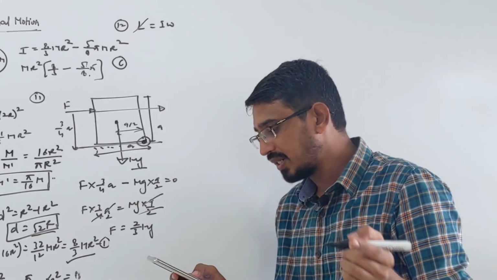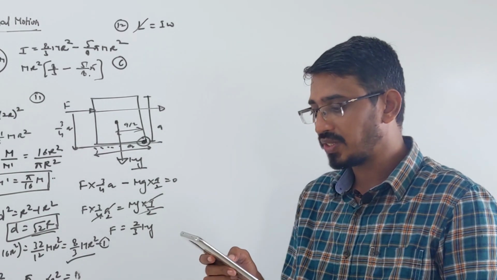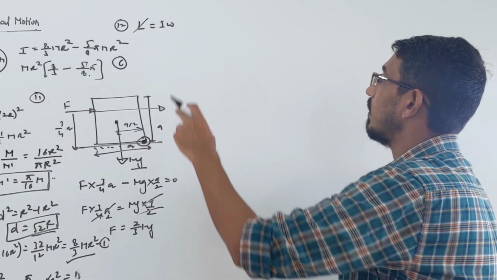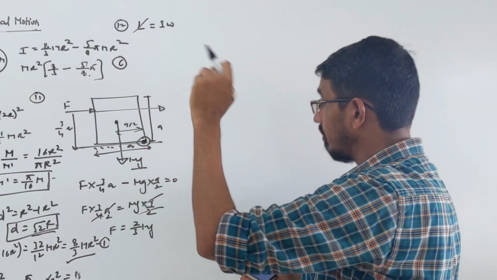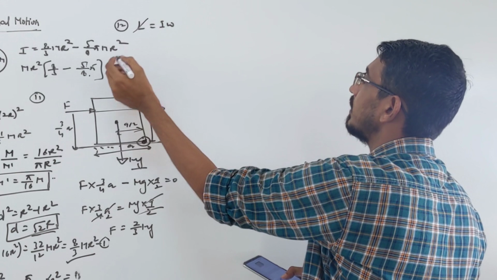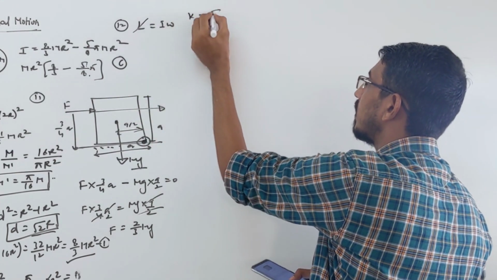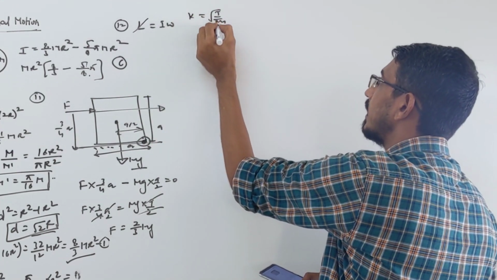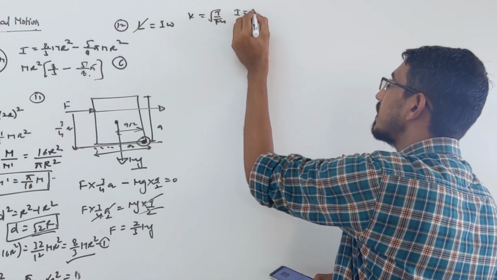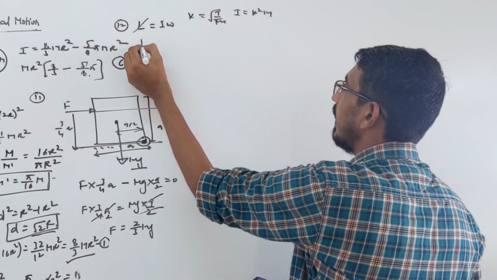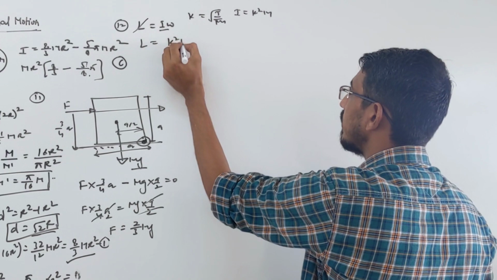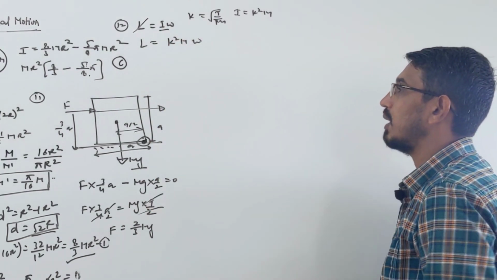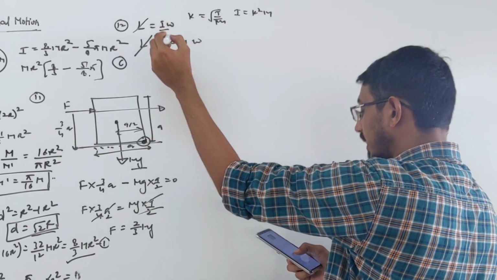They are asking that the relation of initial radius of gyration to final radius of gyration is what? So in this formula, first you have to bring radius of gyration and omega. Omega we already have, so remove I. We know that radius of gyration k is nothing but root I by M. Correct. So inertia becomes k square into M. So L is equal to, instead of I you can put k square M into omega. Now L is constant, mass is the same, disk only.